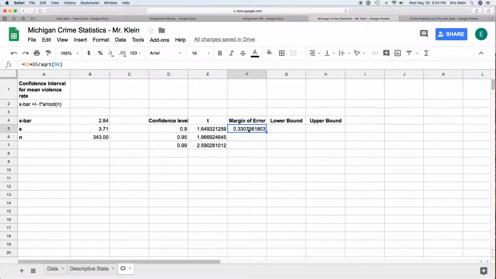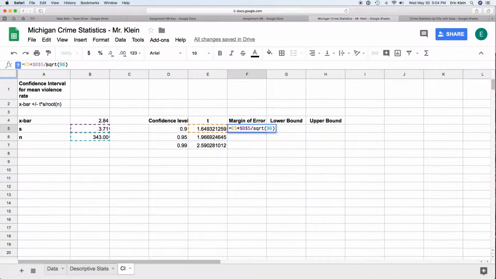Now, I'm still a lazy bum, so I want to take that margin of error and copy it here and here. But note, I want the t-value to change from this to this to this. So that's E5, I want it to become E6, E7, but I don't want the s to change, so I want this to stay B5, and I don't want the n to change, so I want this to stay B6.